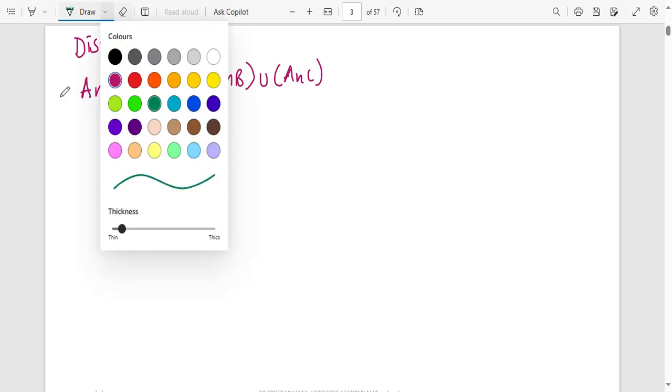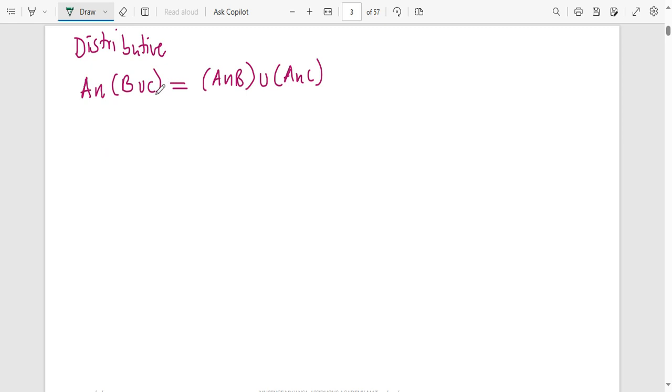Just like the previous one, it is the same proving this one. So let X be a member of, we'll get the left hand side. And the left hand side here is A intersection B union C.